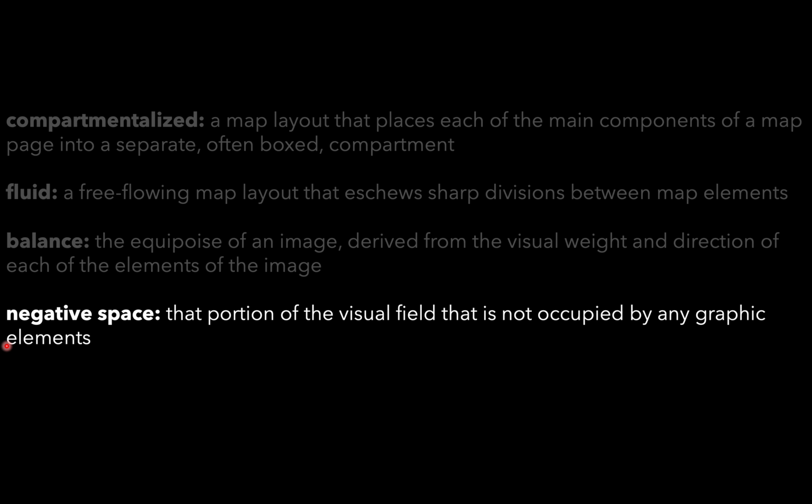At the same time, you don't want too much negative space, because if you have so much negative space that it is at equal balance with the geographic features that you're trying to map, then your page looks sparse and incomplete. So again, there are not really steadfast rules, but there's a balance or a practice of trying to use active and negative spaces in order to achieve harmony in your maps.